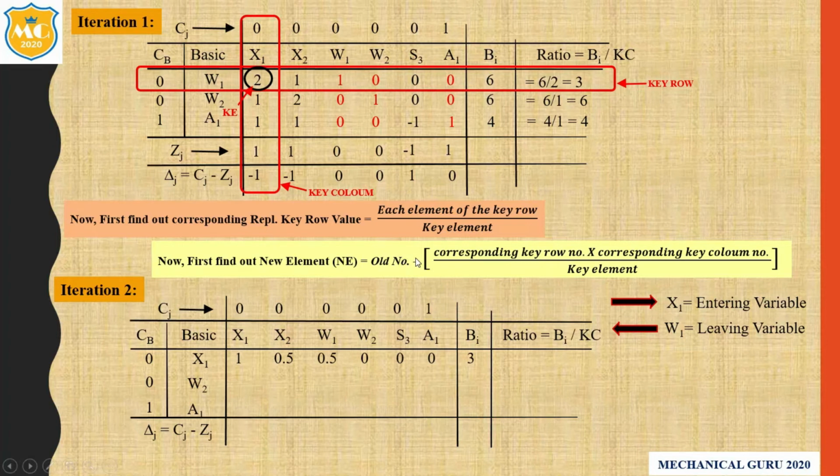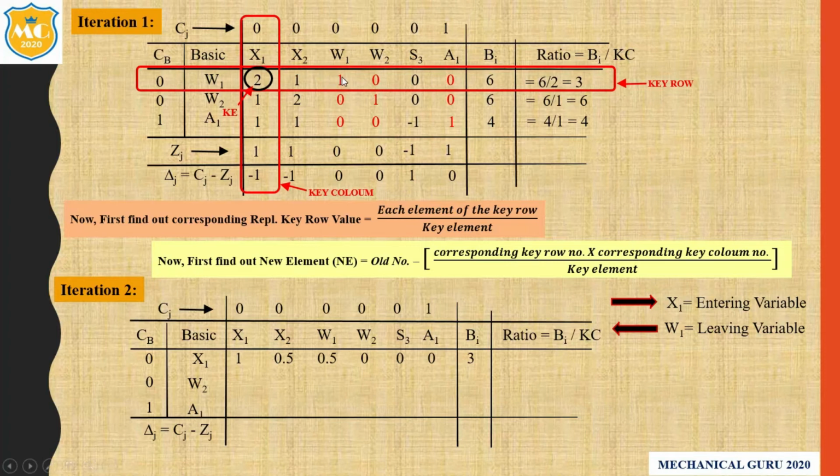But here I will show you some important tricks and techniques to find out the simplex tableau values without using this equation. Just we have to find out a few values. See how. So here W1 is the leaving variable and X1 is the entering variable. So the W1 column value, that is 1, 0, 0 and 0, in addition to the zj value, is not required for the next iteration.